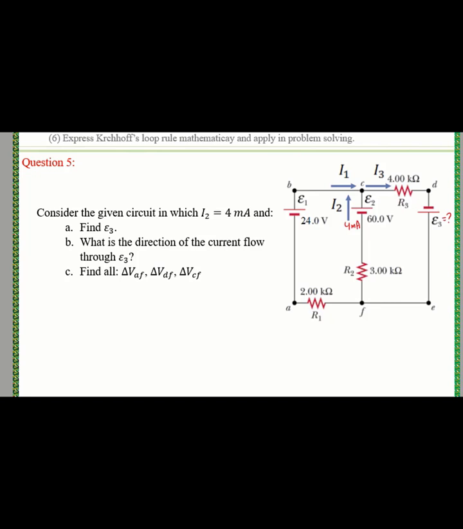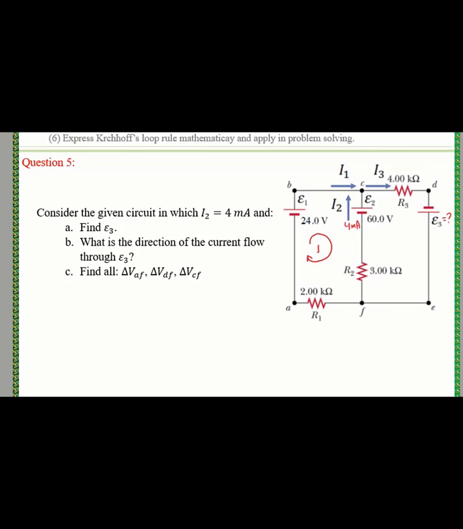If you take the first loop here to the left, we can find I1. It is only with one unknown, which is I1. It's easy as this.